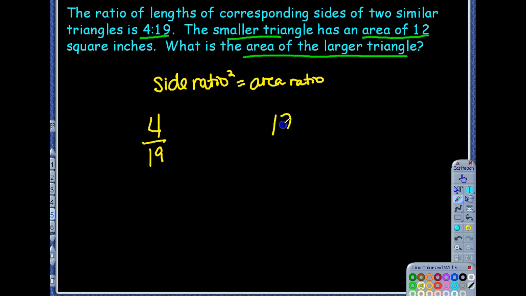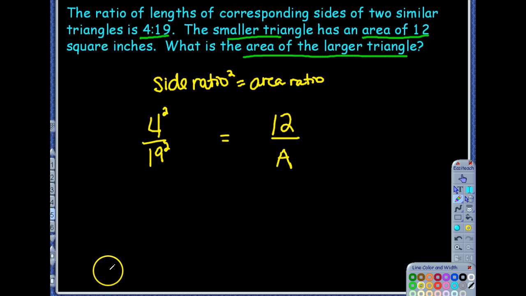Now, here's the thing. Is the side ratio just equal to the area ratio? No. So when I try to make a proportion to solve for a missing part, let's say big A for area, what am I going to have to do to this ratio to make them equal? I have to square the side ratio. So really, 4 squared over 19 squared should then equal my area ratio.